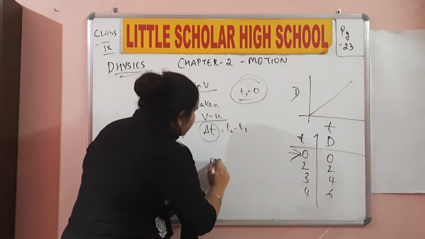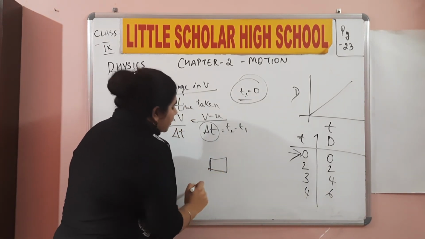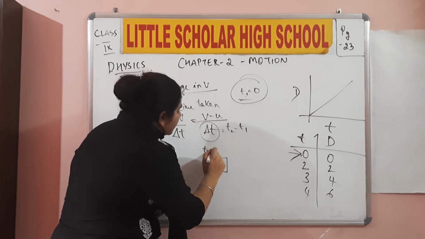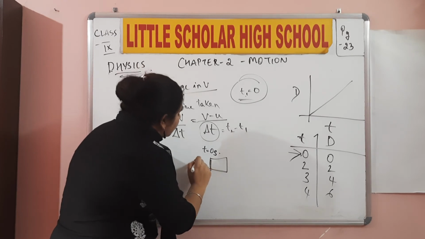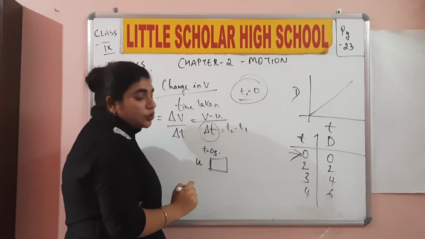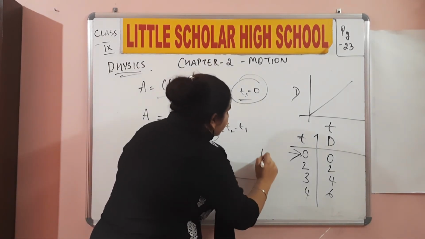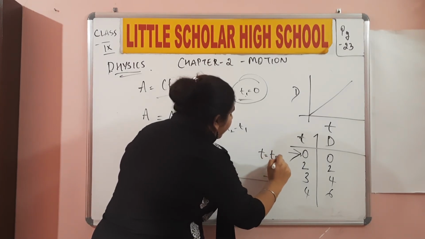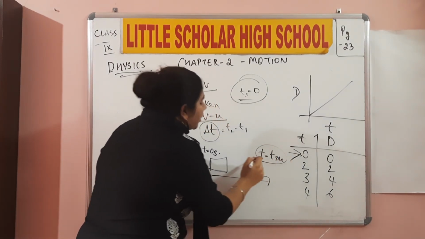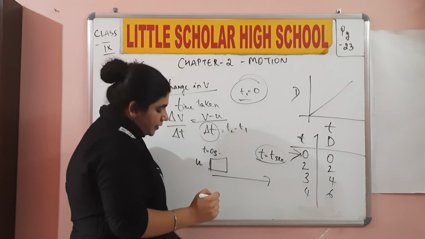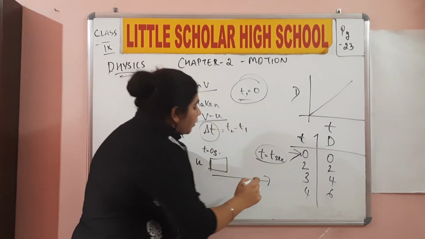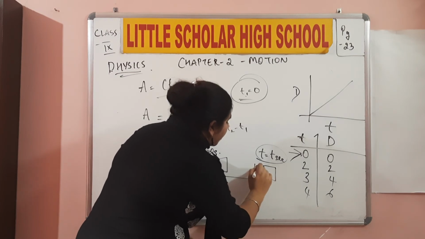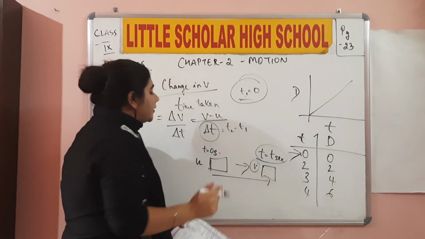Fine. There is an object over here at t is equal to 0. That is the first second. At t is equal to 0 seconds, it is moving with an initial velocity u, and at t is equal to t seconds, this is the final time. At t is equal to t seconds, the velocity of this particular body becomes v, which is nothing but the final velocity.